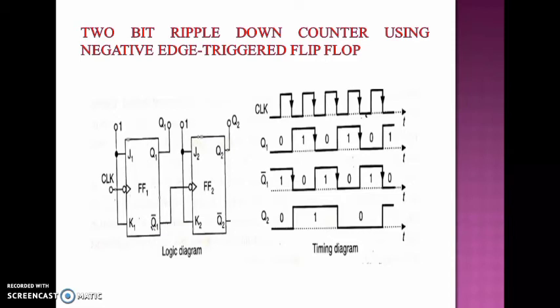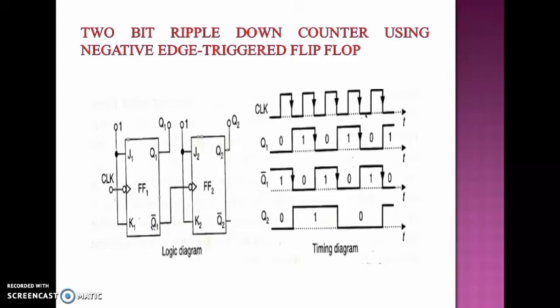This figure shows a 2-bit ripple down counter using negative edge trigger JK flip-flop and its timing diagram. For down counting, Q bar of flip-flop 1 is connected to the clock of flip-flop 2. Let initially all the flip-flops be reset.